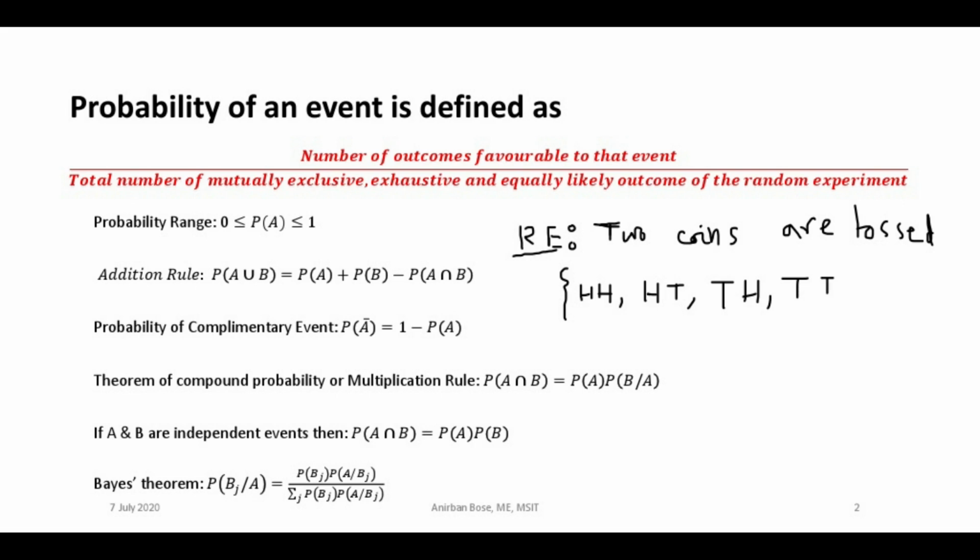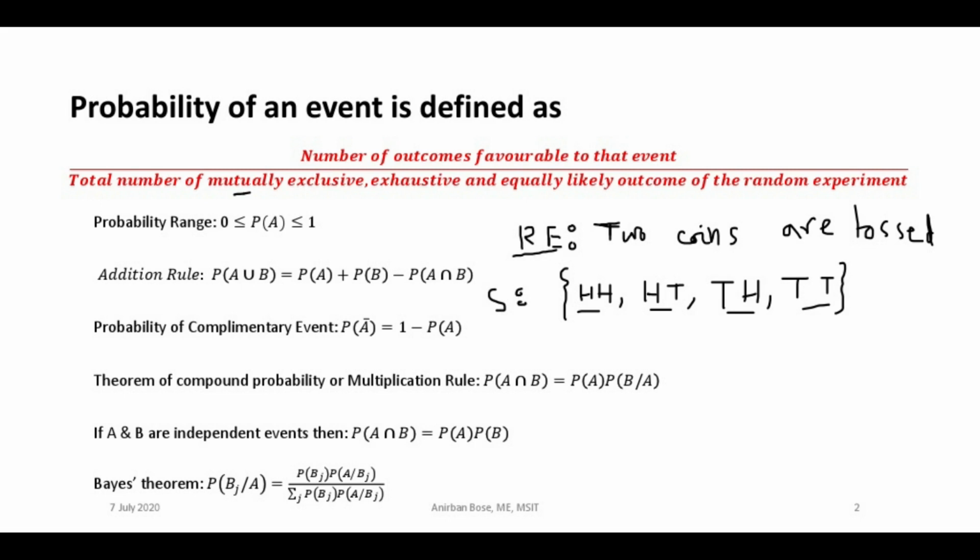So these are the possible outcomes. Here in this set we have shown the different elements as the outcomes of this random experiment. This set is also called the sample space, generally represented by S.